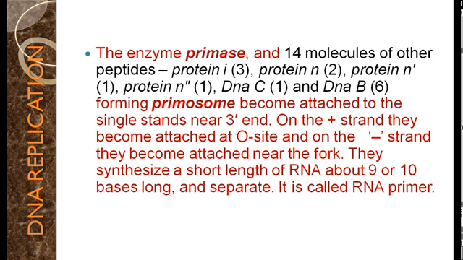These 14 molecules together with the enzyme form a primosome. So near the 3' terminal of both strands, positive and negative, a molecule of primosome becomes attached, that is the complex molecule of these 15 proteins, and forms a short length of RNA, that is called RNA primer.